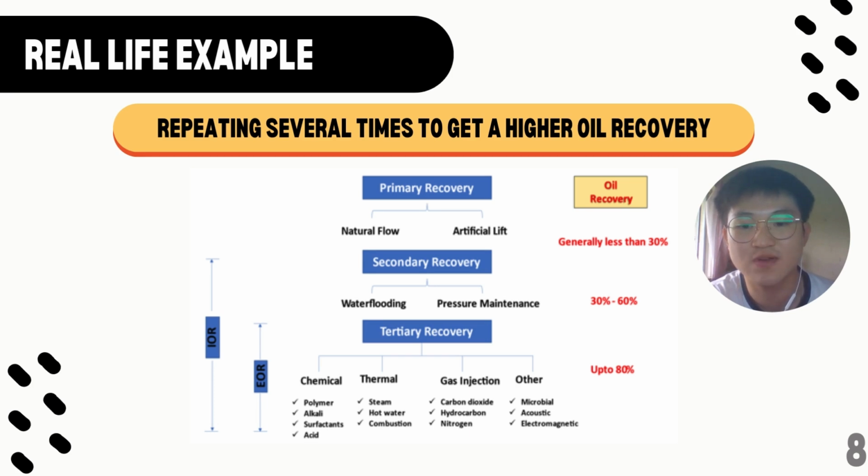Secondary recovery involves water flooding or pressure maintenance methods, boosting recovery to between 30% to 60%. Finally, the tertiary recovery, also known as the improved oil recovery (IOR) or enhanced oil recovery (EOR), employs advanced techniques like chemical, thermal, or gas injection methods to potentially recover up to 80% of the original oil in place.